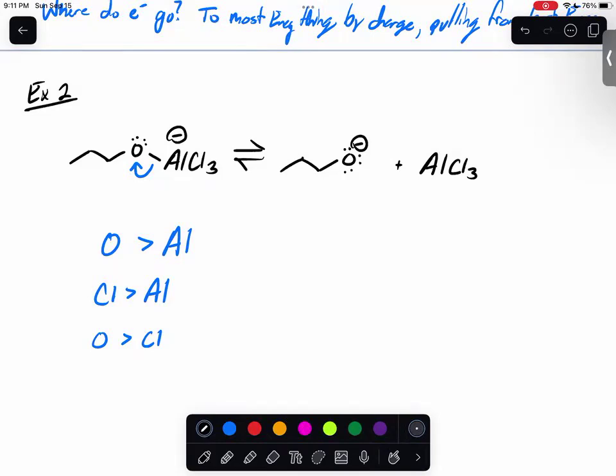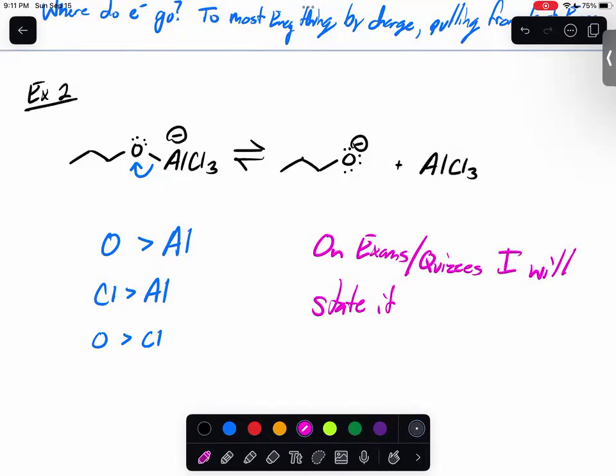Now, one good thing to keep in mind about all of these reactions is that on the exams and quizzes, I will state if something is Lewis acid-base chemistry.